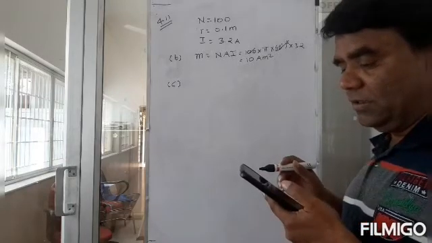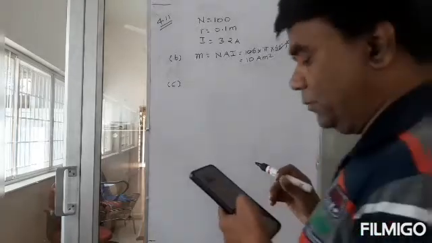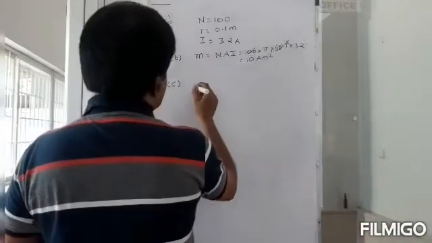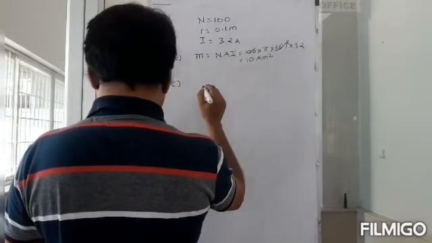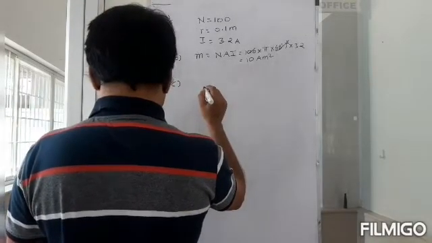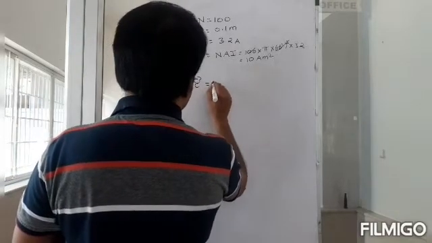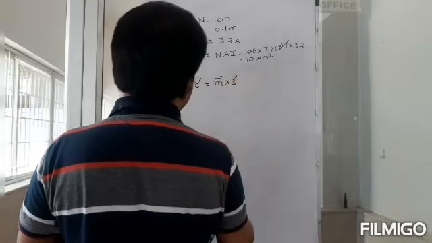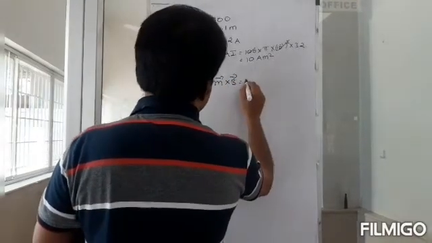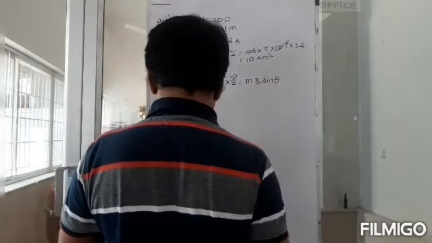Now, how do you do that? First of all, the torque is given by M cross B, or it is equal to M B sine theta.